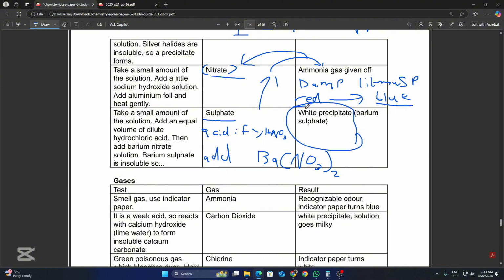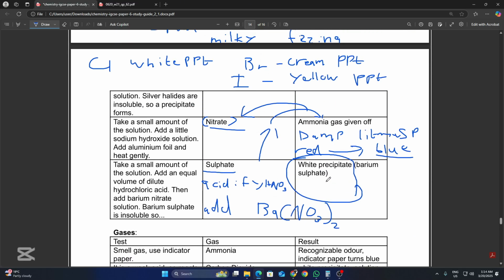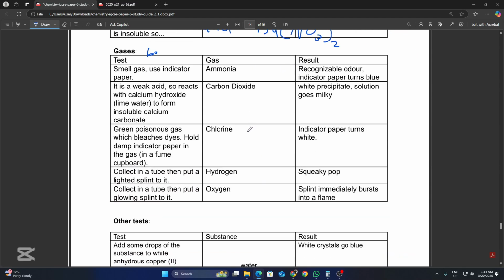So when it asks about any sulfate, SO4, even if it says add sulfuric acid and barium nitrate, you acidify with dilute nitric acid and your result will be a white precipitate. Precipitate basically means solid.